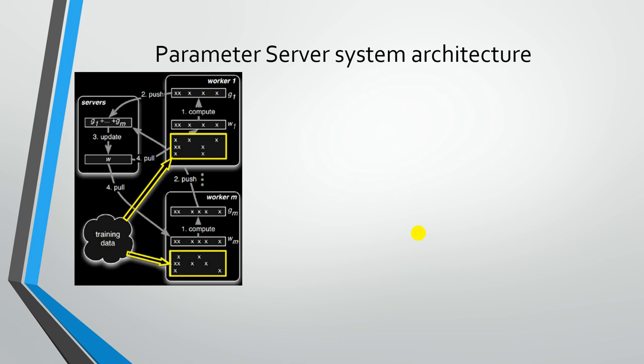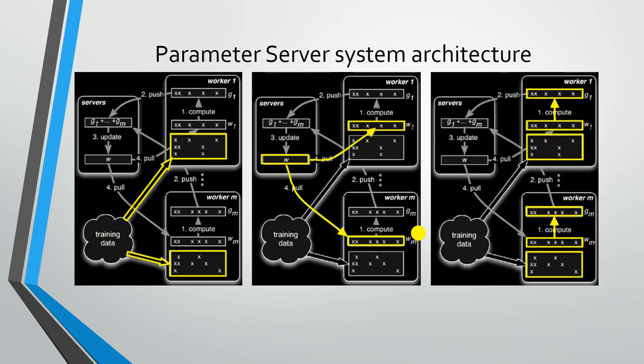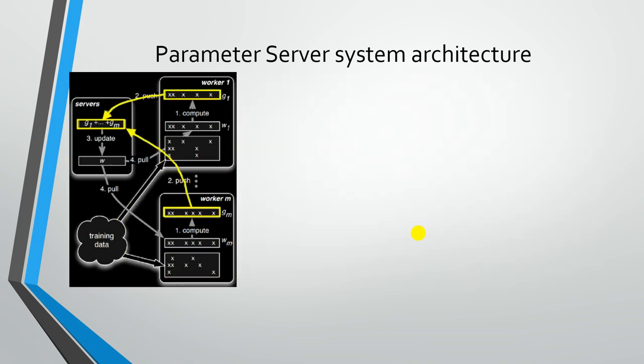First, in the first iteration, all the workers will pull the working set from the server. That's the first iteration. Then it will compute the result inside the workers and make the answer, and then the workers will push the answers to the server.